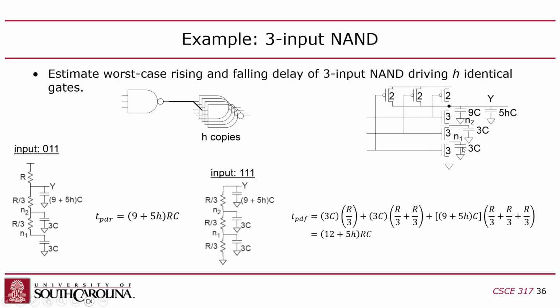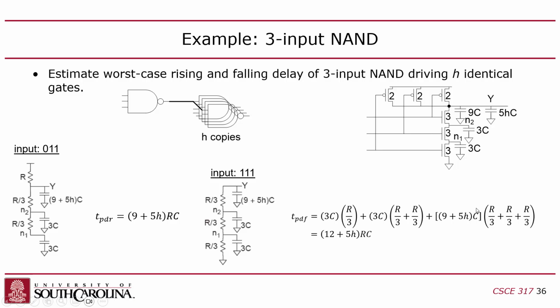What's the capacitance? Well, that's the drain capacitance, so that's 3C, right? Then from the ground, I go through 1, 2 resistors, so that's R over 3 plus R over 3. Then I multiply that by 3C, again the drain capacitance. And then I go through the third, which is the last transistor before I get to the output.